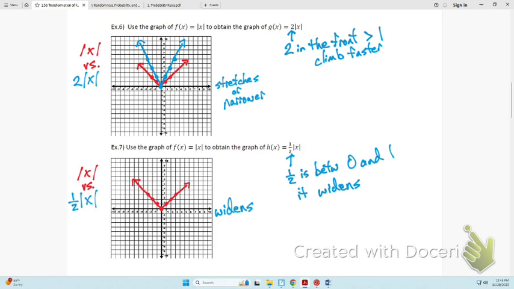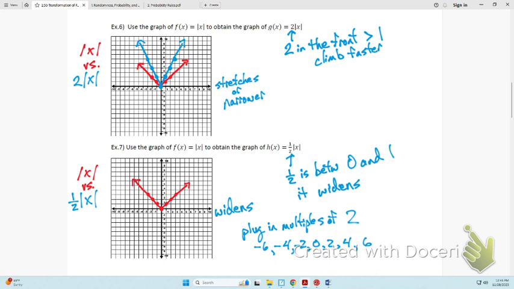I would pick multiples of 2 to plug in, because of that fraction, 1 over 2, that'll give us whole numbers. So I would plug in negative 4, negative 2, 0, 2, 4, negative 6, positive 6, and you'll get really nice numbers.